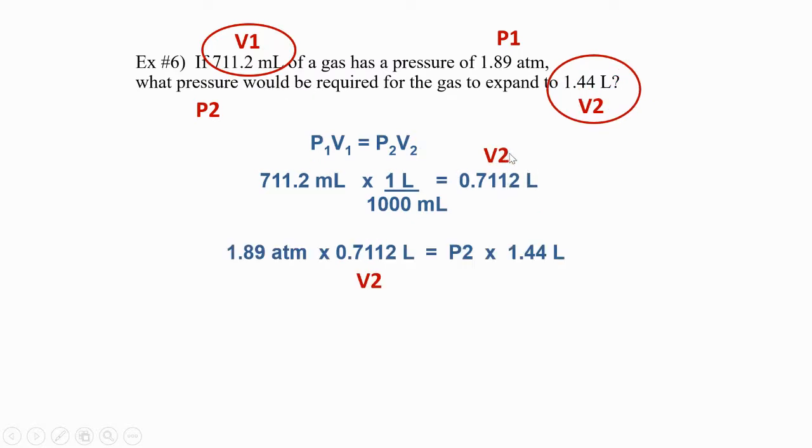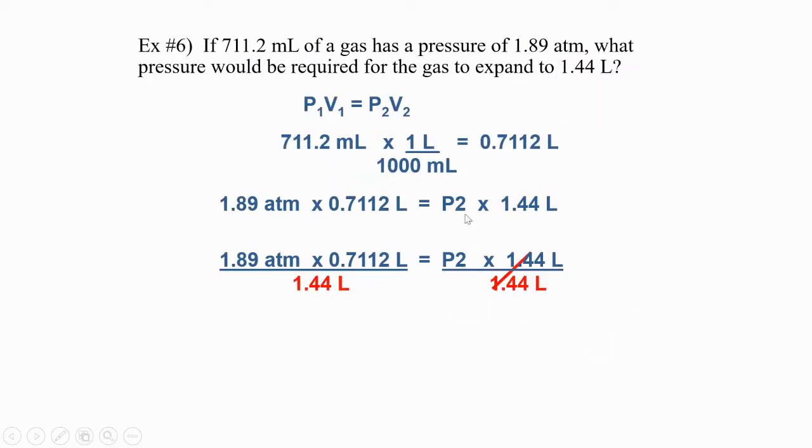Actually, this is V1, my bad. Sorry about that. I can't change it in the middle of this. This is actually your V1 converted to liters. Your V2 is over here. Rearrange to get P2 by itself. Divide both sides by 1.44. P2 equals this. And if you put that in your calculator, you get 0.933 atm.